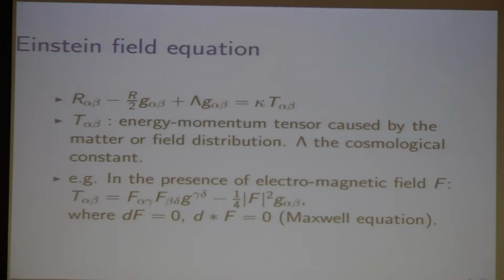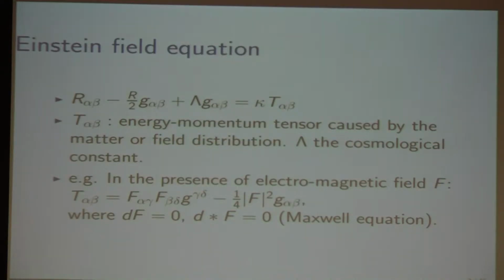For instance, in the presence of an electromagnetic field F, you can think of this F just as a two-form in the space-time. The energy momentum tensor T alpha beta is just F alpha gamma F beta delta g gamma delta minus 1/4 F squared times g alpha beta.